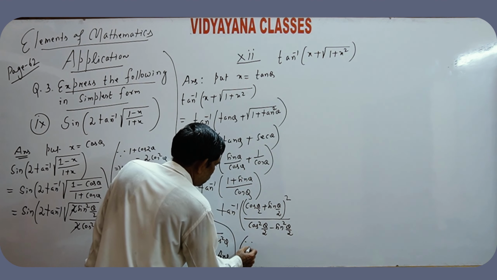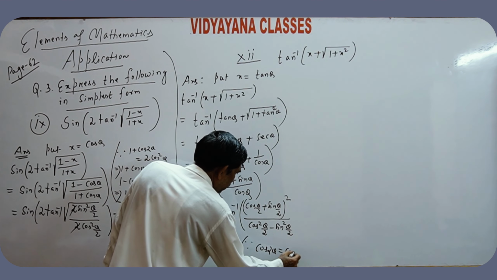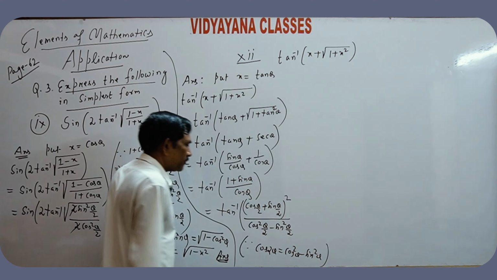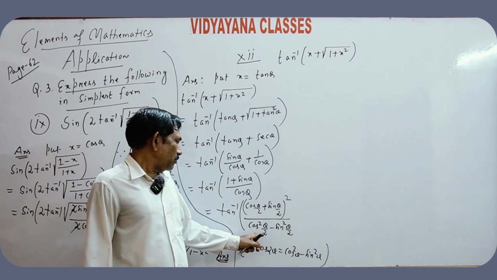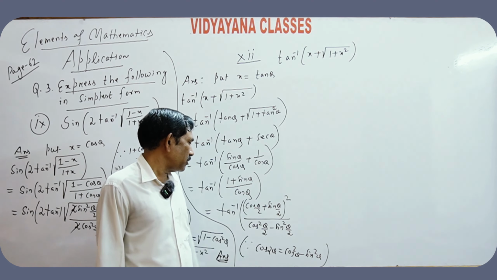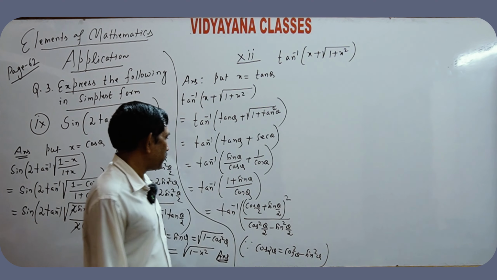Since cos 2 theta is equal to cos square theta minus sin square theta, here theta is equal to theta by 2. So cos theta is equal to cos square theta by 2 minus sin square theta by 2. Cos theta can be written as this.